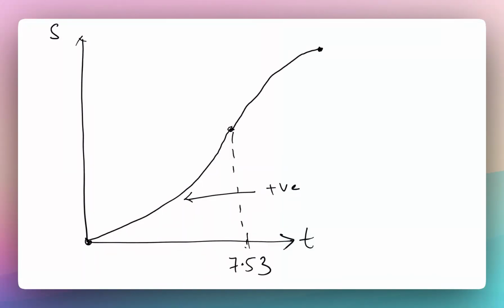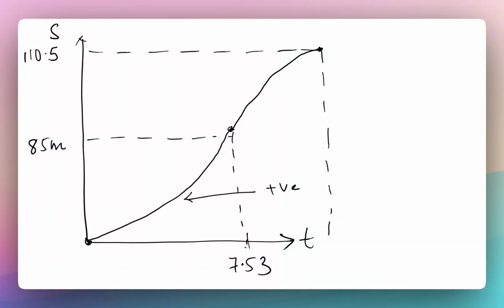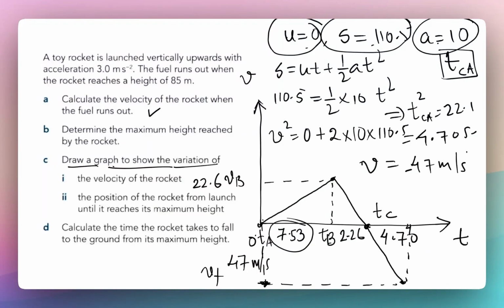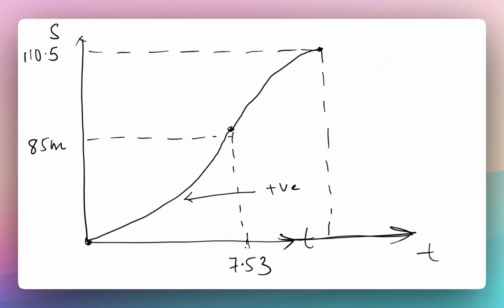Okay, so this height is going to be 85 meters, right? And the maximum height which it reaches I think we computed that to be 110.5. Okay, and this was 7.53. And then more time passes to reach the maximum height, right? I'm going to explain my t-axis here, right? How much is that time? Another 2.26 seconds passes for the velocity to become 0.